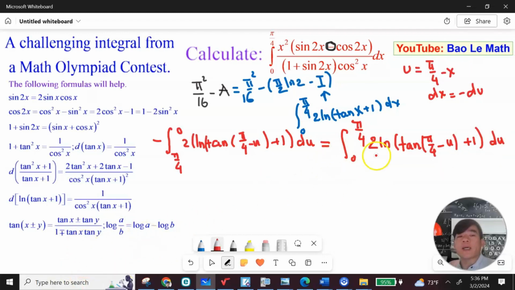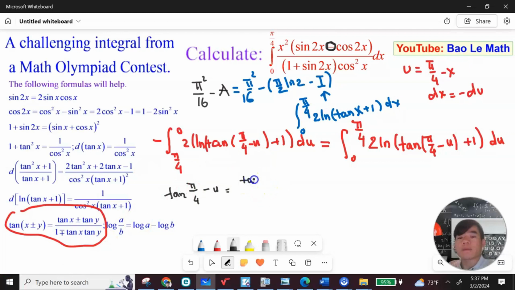Now this formula right here, we need to apply this guy. I put it on the side. So I have tangent of pi over 4 minus u equal tangent pi over 4 minus tangent u over 1 plus tangent pi over 4 tangent u.